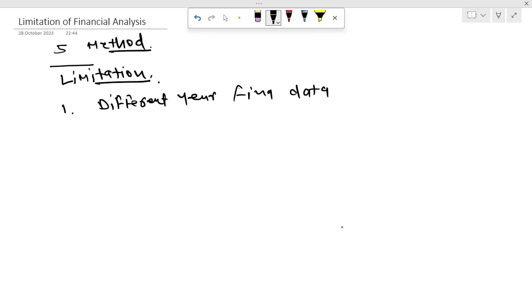You simply keep the figures mentioned in the financial statement. So number one is that you do not consider these things.